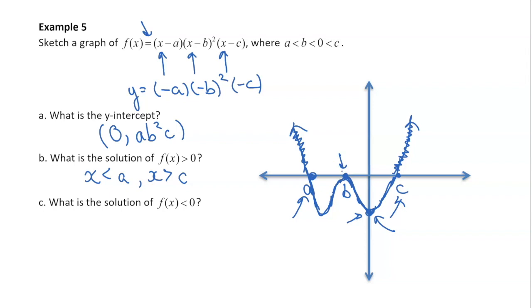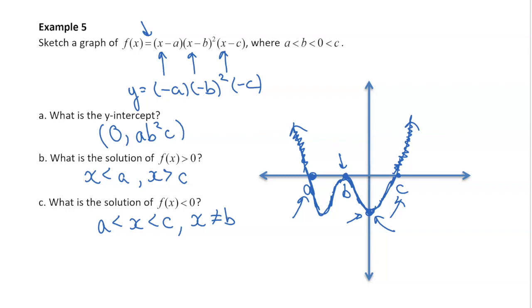Then it's not technically below the x-axis, it's on the x-axis. So we would say something along the lines of it's everything between a and c, but it can't equal b. And I think that's the easiest way of saying it.